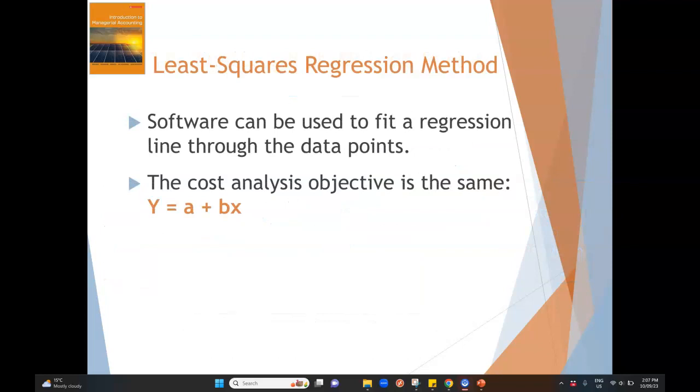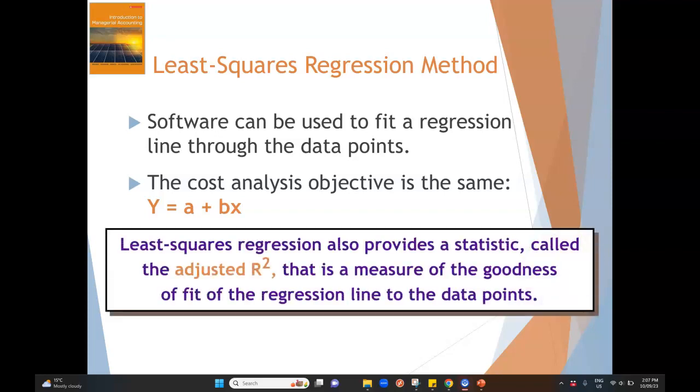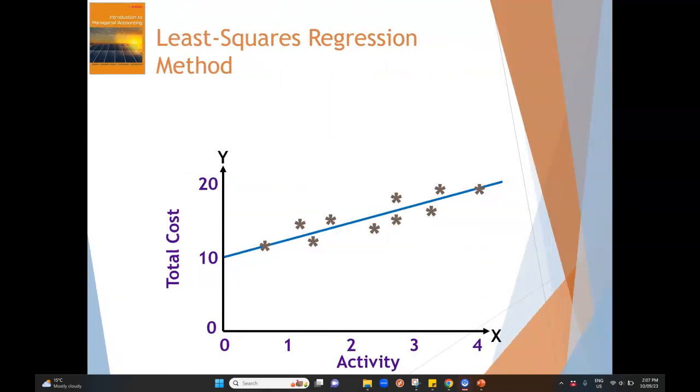Least squares regression method. Software can be used to fit a regression line through the data points. The cost analysis objective is the same. Y equals A plus BX. Least squares regression also provides a statistic called the adjusted R-square that is a measure of the goodness of fit of the regression line to the data points.